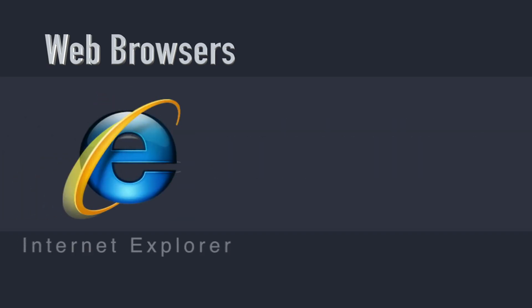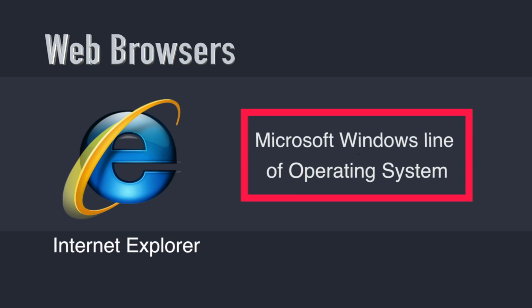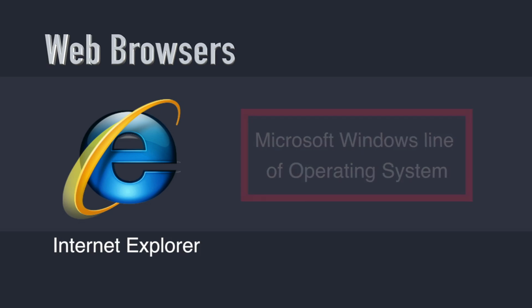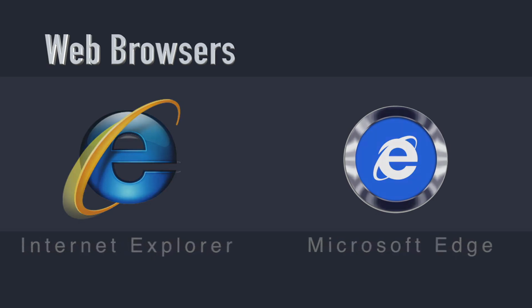Next browser that comes to mind is Internet Explorer from the era of Windows 95 and 98 onwards. It was the most popular browser till some time ago, and now Microsoft has rolled out a new browser named Edge. So when you buy a laptop which has Windows installed, you get both the browsers pre-installed.